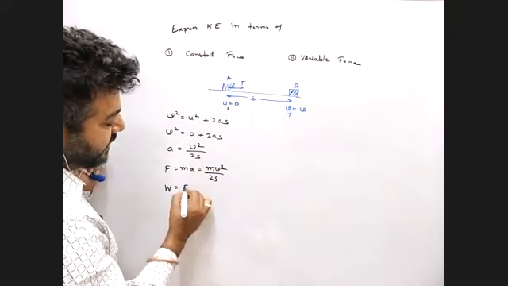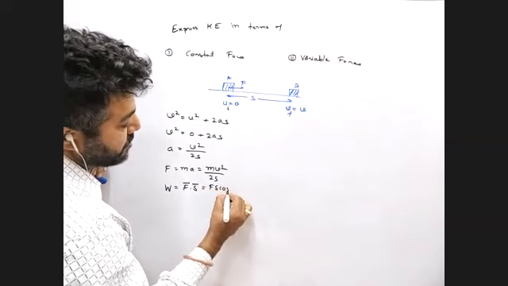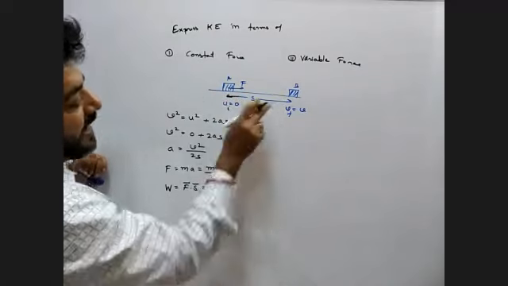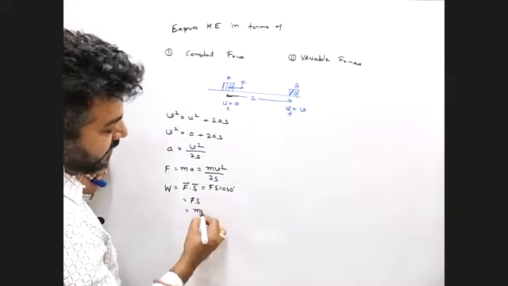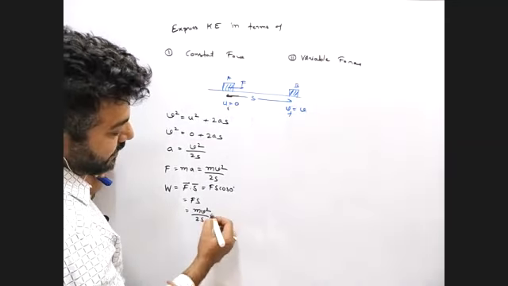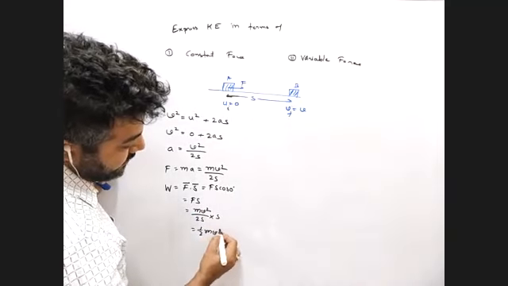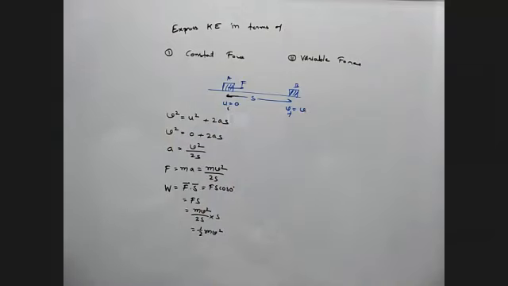Work done is F dot S, that is Fs cos 0, because they are in the same direction, the angle is 0, which is Fs. So mv squared by 2s into s, that is half mv squared. Is it okay? You understand the derivation?